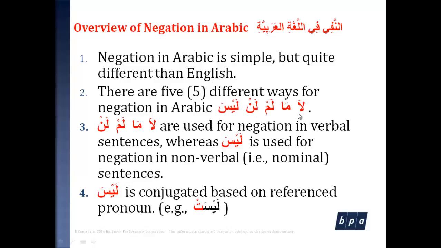Again, لا, ما, لم, لن, ليس. لا and ما, ولم, ولن, all these 4 articles are used for negation in verbal sentences, whereas laysa is used for negation in nonverbal, nominal sentences.